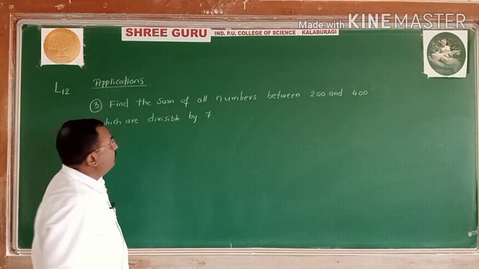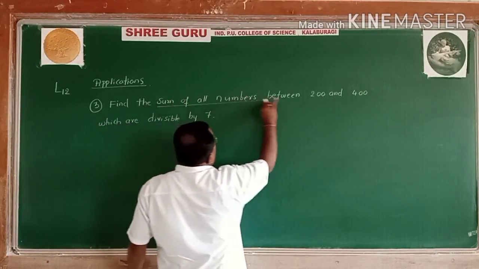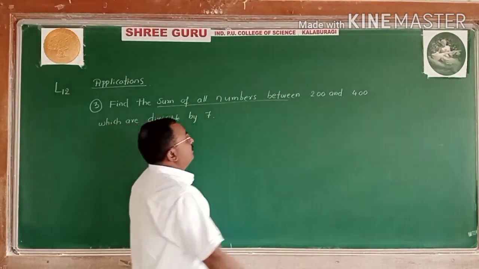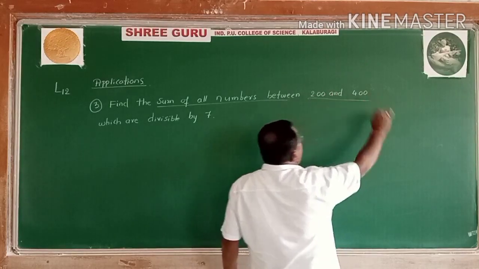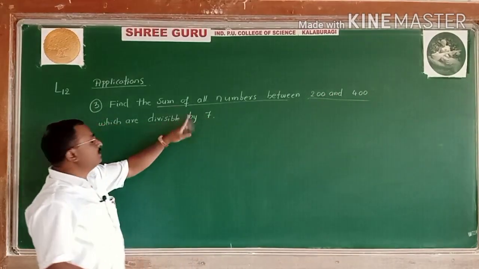Find the sum. Sum means Sn. Between 200 and 400, divisible by 7.